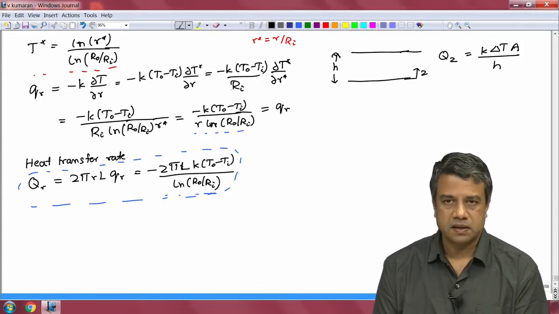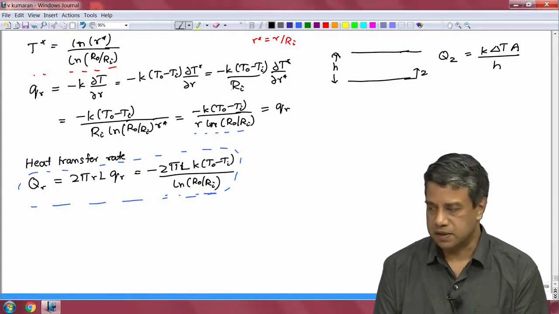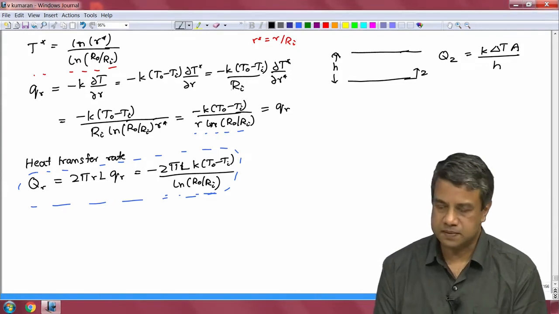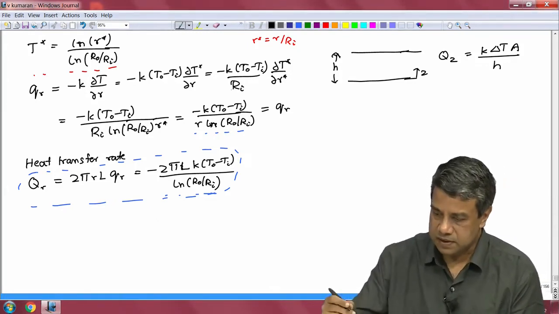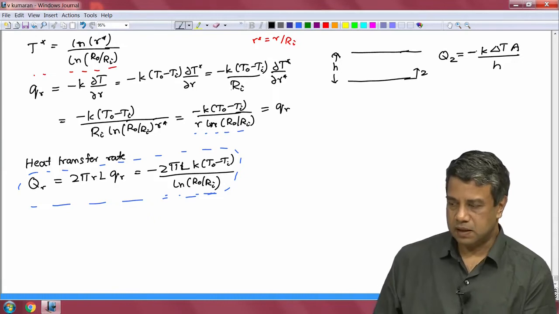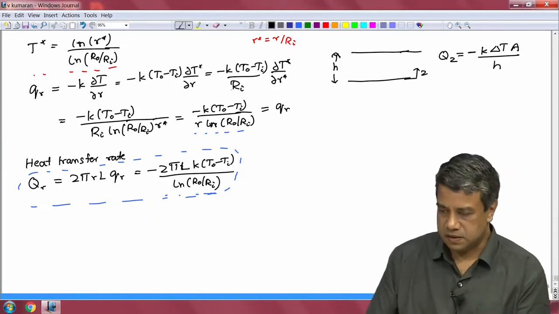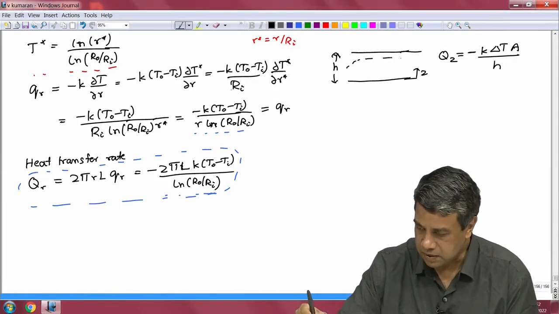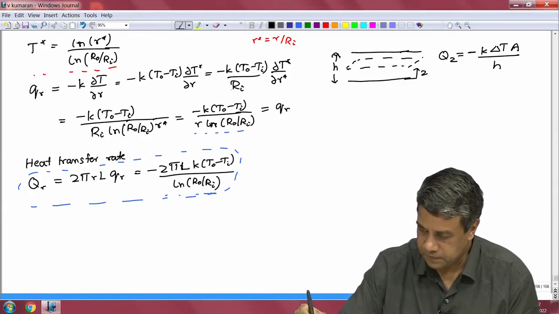This is just Fourier's law for heat conduction: the heat flux times the area, where A is the cross sectional area.